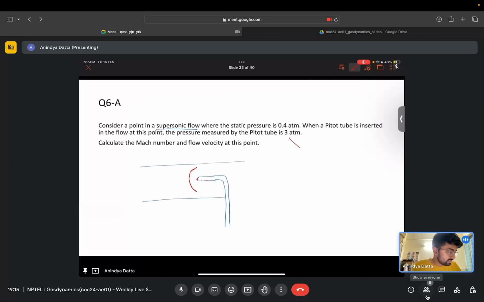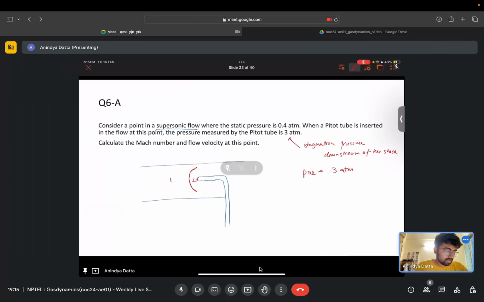What is measured here is the stagnation pressure downstream of the shock. So if this is 1 and this is 2, we know P02 is equal to 3 atmosphere.